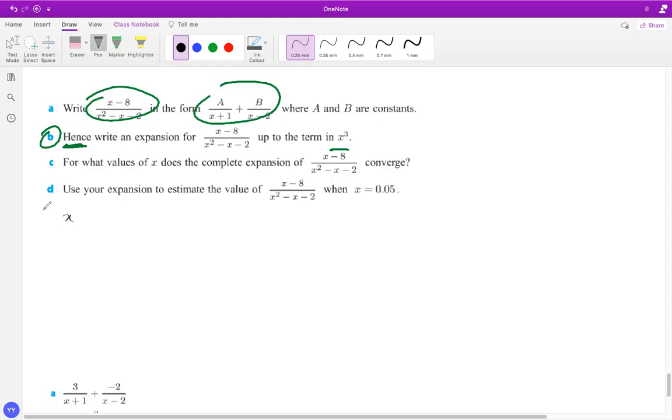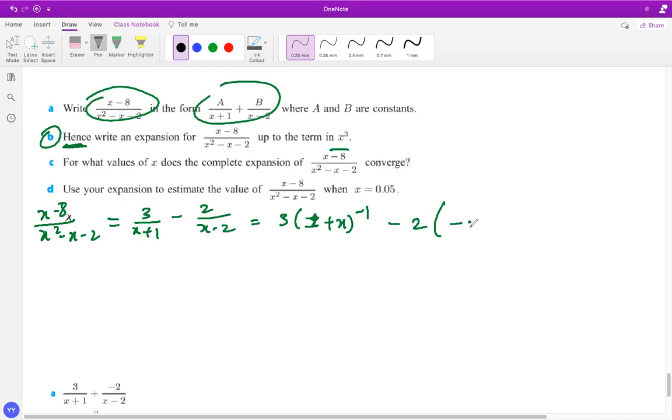Since my expression (x - 8)/(x² - x - 2) can be written as 3/(x + 1) + (-2)/(x - 2), I'm just going to rewrite this as 3 times (1 + x)^(-1) and -2 times (-2 + x)^(-1).